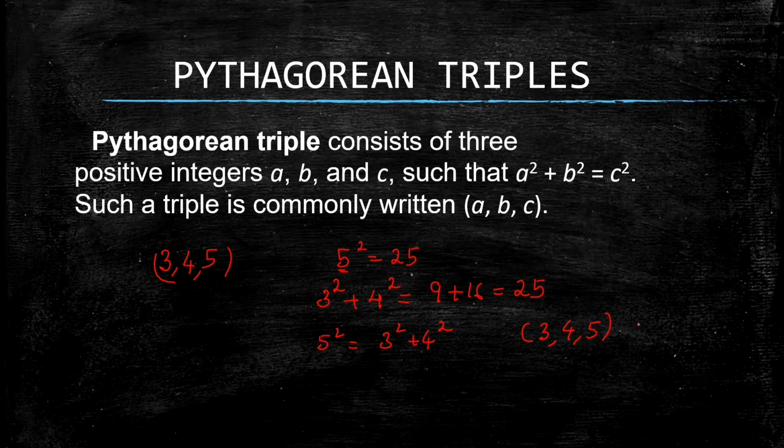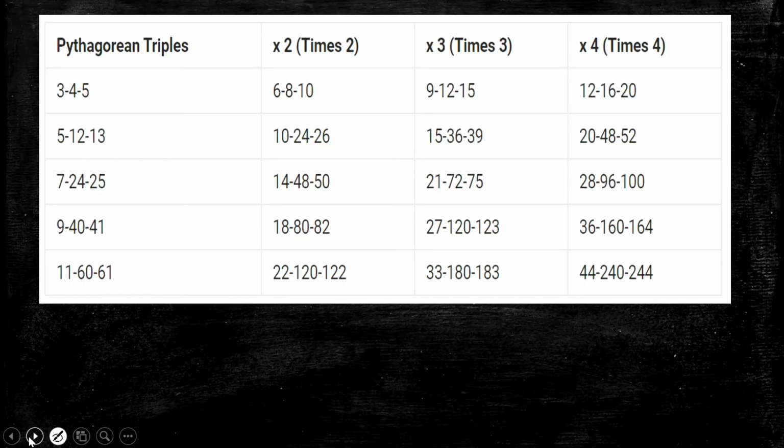If I construct a triangle with sides 3 units, 4 units and 5 units, then I would get a right angled triangle. Let's see a few more examples of Pythagorean triplets. 3, 4, 5 is the basic one. If I multiply each of these numbers with 2, I get 6, 8, 10. If you check, 6, 8, 10 is also a Pythagorean triplet.